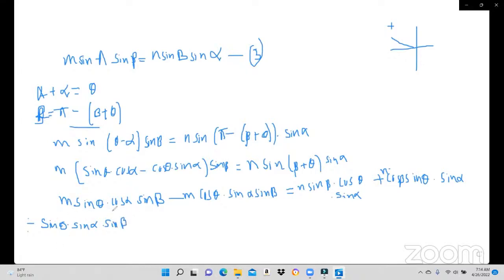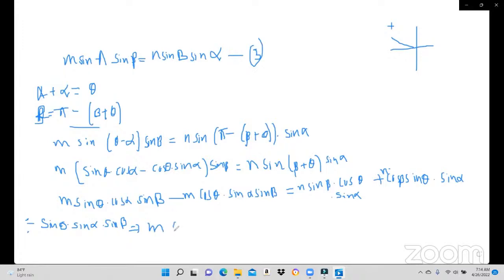What will happen if we divide all the things? We have to divide each term separately by sine theta, sine alpha, sine beta. So m will be remaining. Sine theta is getting cancelled.